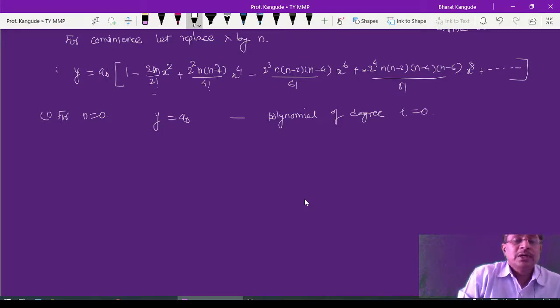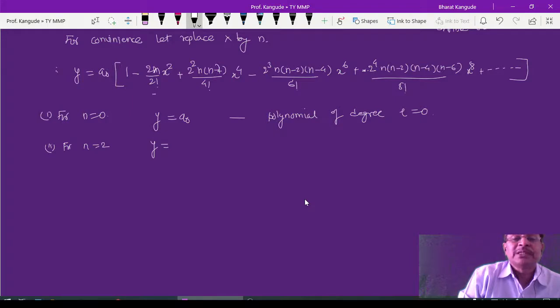Then put n equal to 2. When I put n equal to 2, from the third term onwards there is a factor n minus 2, and 2 minus 2 is 0, so those terms will become 0.